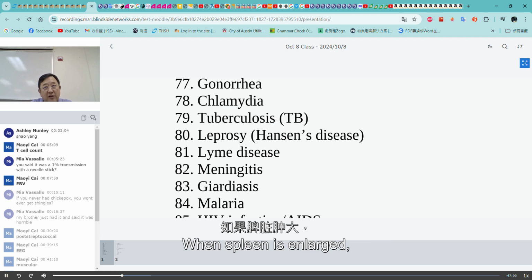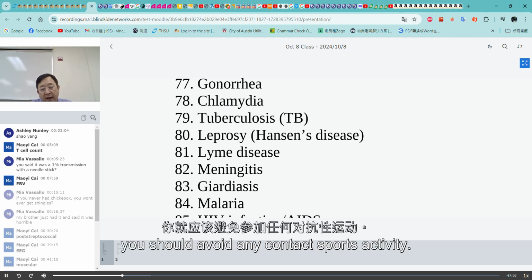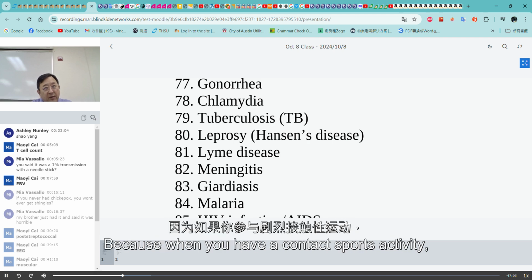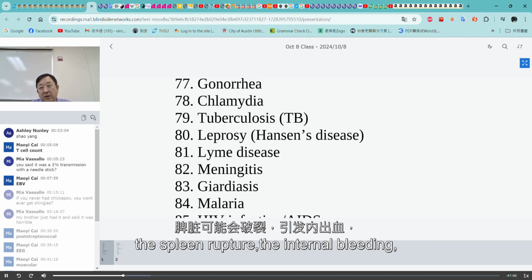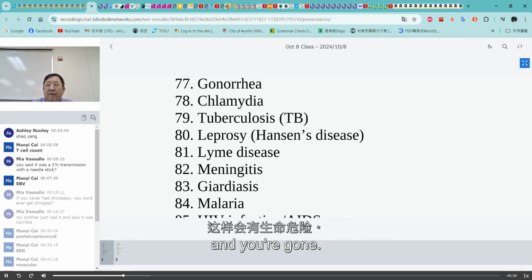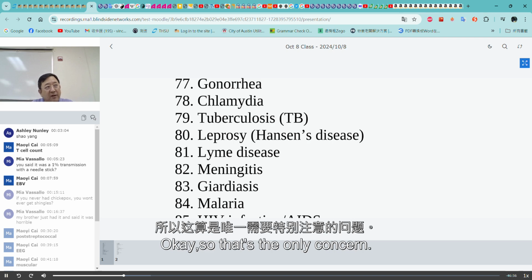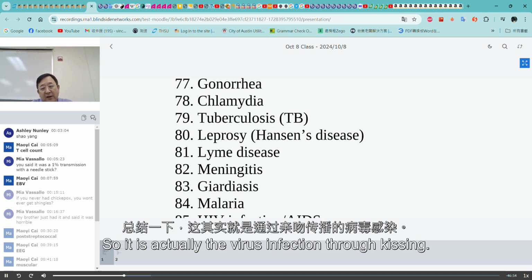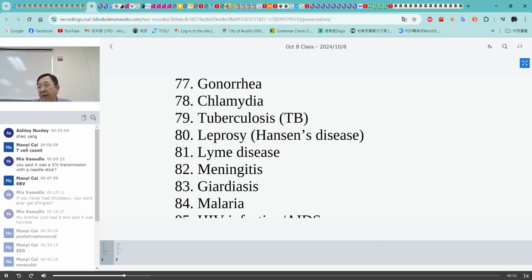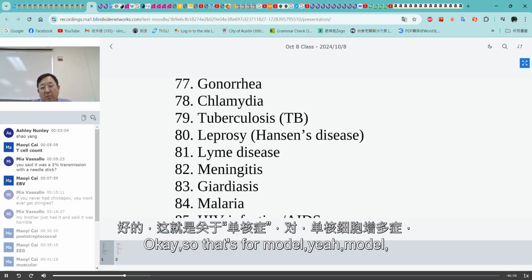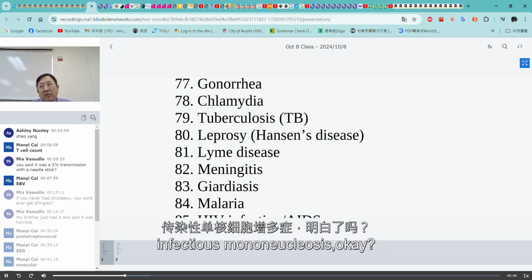When the spleen is enlarged, you should avoid any contact sports, because with contact the spleen can rupture, causing internal bleeding, and you're gone. That's the only concern. So it is actually a virus infection through kissing. That's infectious mononucleosis.